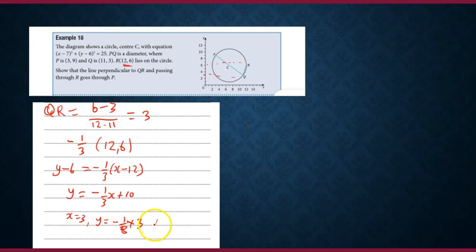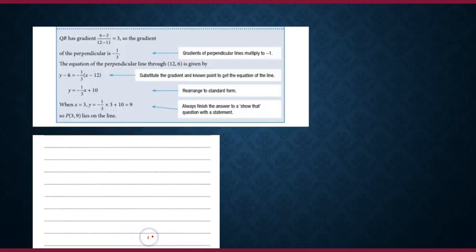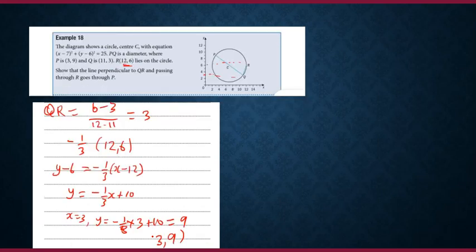This will give us, if we add to the equation, plus 10, this is going to be 9. So the point that we are looking for is simply 3 and 9. It lies on the line. Point 3, 9. This point lies on the line.